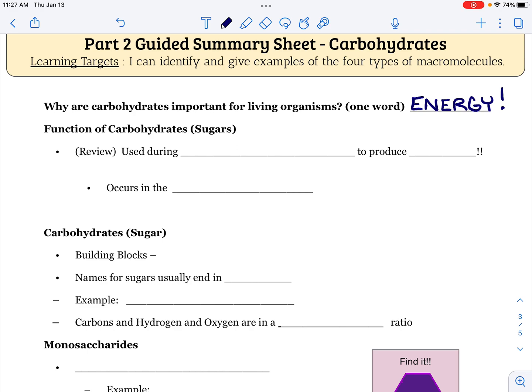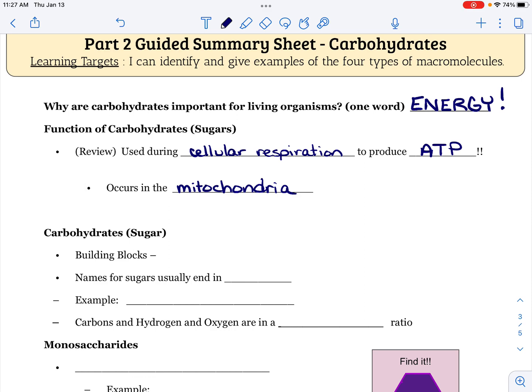Just as a quick review, this is used during cellular respiration to produce what our body runs on, which is ATP. And this occurs in the mitochondria of the cell.